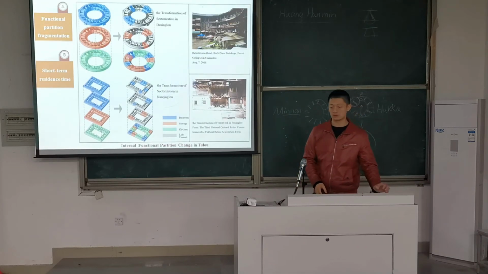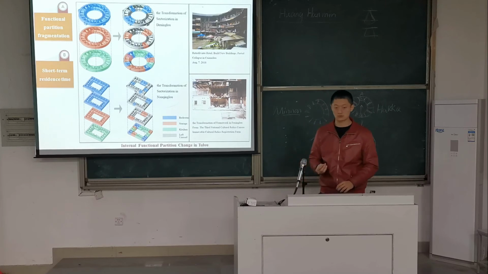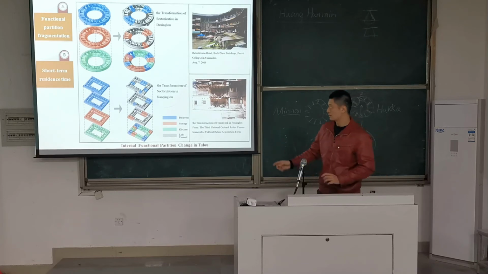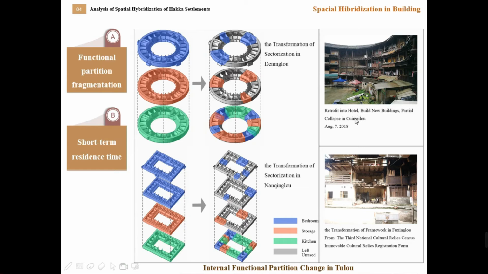Okay, here comes the smallest part, which is the building part, the mini part. Green, red, and blue are the basic distribution of every Tulou. The ground floor is the kitchen, and the first floor is storage, and up to the third. Yes, that's the formal distribution of every Tulou. But as time goes by, things have changed.